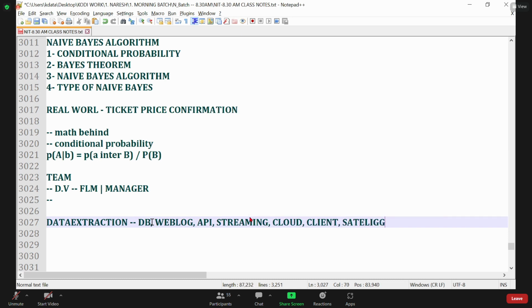For example, American data extraction is done based on satellite, isn't it? And all that data is unstructured. So the first process is data extraction.